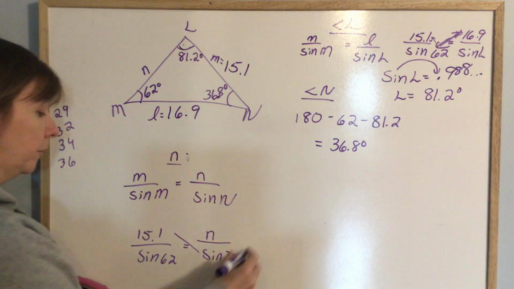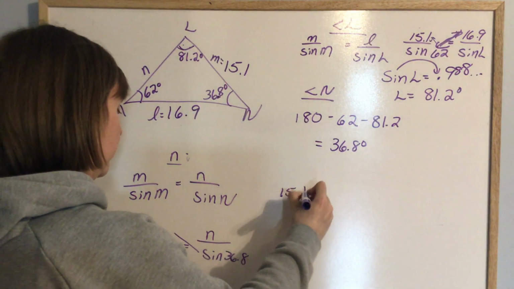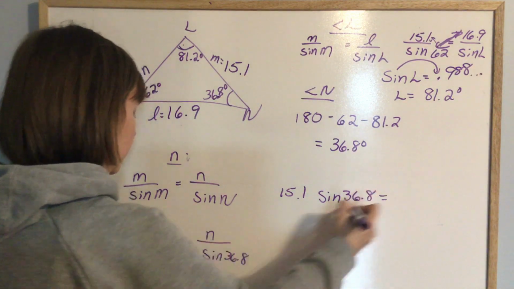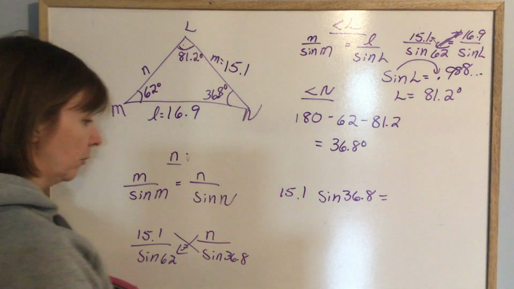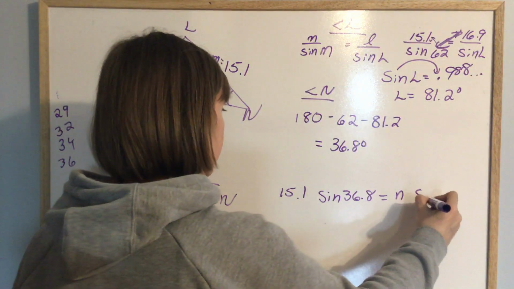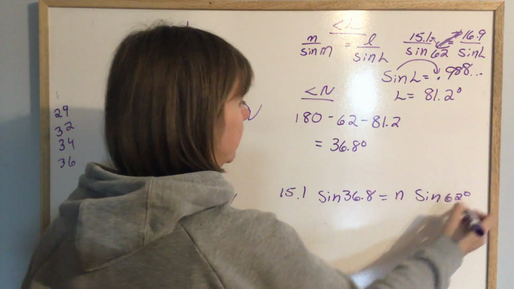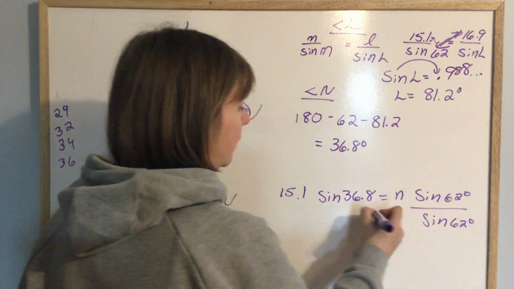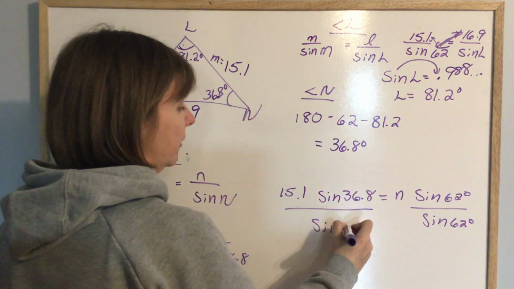So I'll cross multiply. So I have 15.1 times sine of 36.8 is equal to n times sine of 62. So I'm going to divide this side by sine of 62.